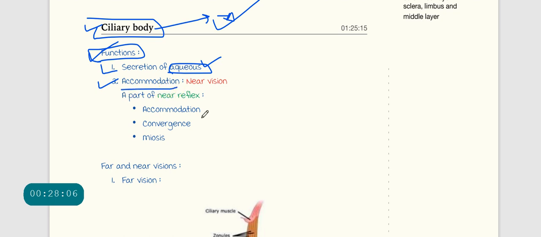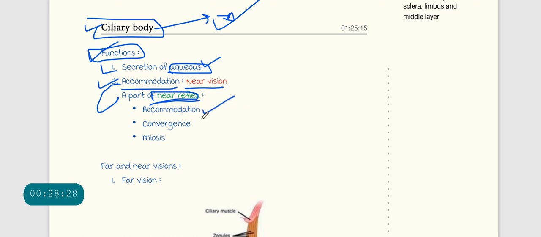What three changes can we see in accommodation? Firstly accommodation itself, then convergence, and miosis, as we studied. So these are the three changes in accommodation. Now the ciliary body helps us in far and near vision.